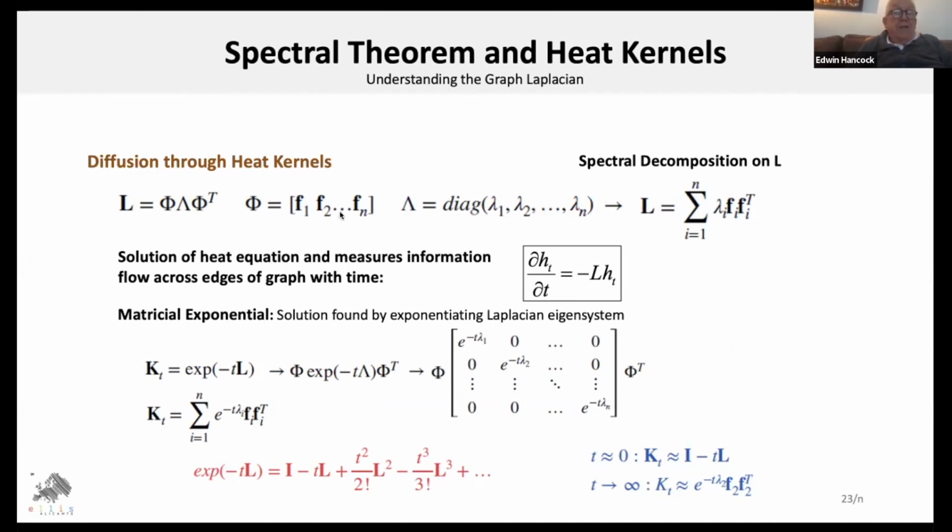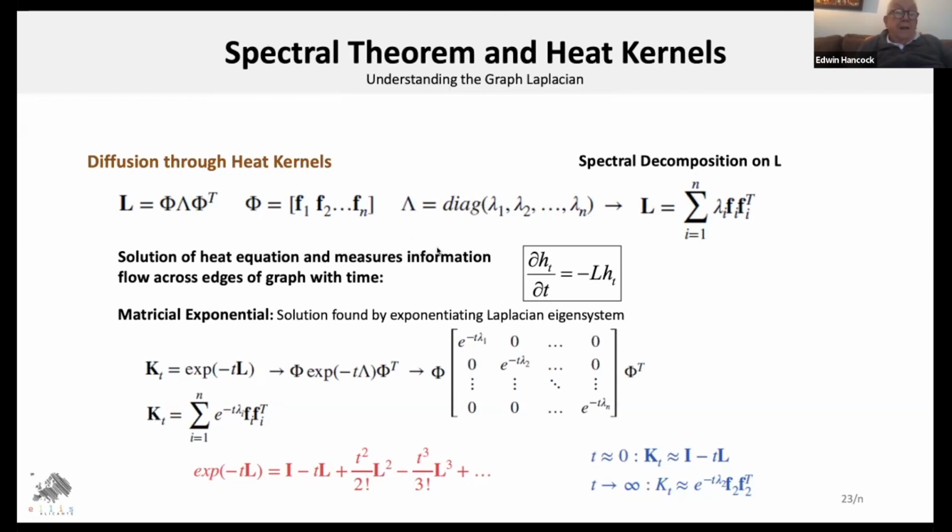Here is the eigenvector matrix, with the eigenvectors or eigenfunctions as columns, and then a diagonal matrix with the eigenvalues along the leading diagonal. And so I can write the Laplacian as a sum over eigenmodes, the eigenvalue times the outer product of the eigenvector with itself.